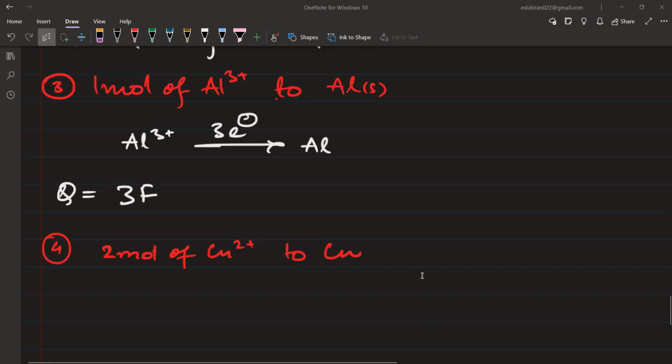Send the answer in chat. One. No, it will not be 1. Look again. Write the reaction. Write the reaction and send me on WhatsApp. I think it will not work like this. Write the reaction. Send me over WhatsApp.